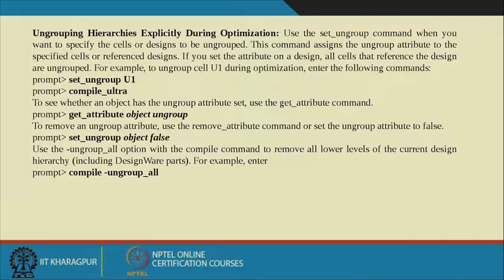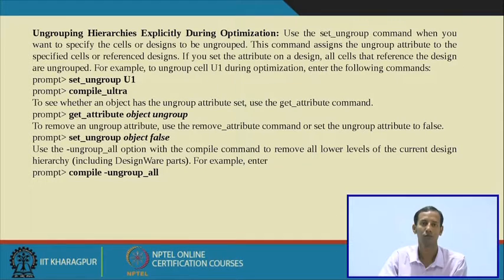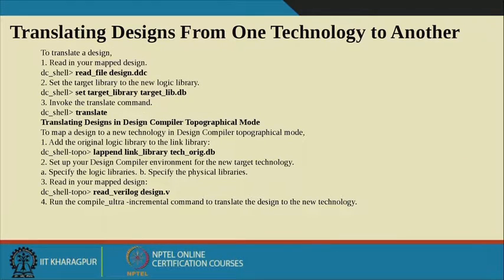Then you put compile ultra, and it will do the optimization with ungrouping this U1 cell everywhere in the design. To see whether an object has the ungroup attribute set, use the get underscore attribute command with object and ungroup. You can do this using set underscore ungroup with the cell name.